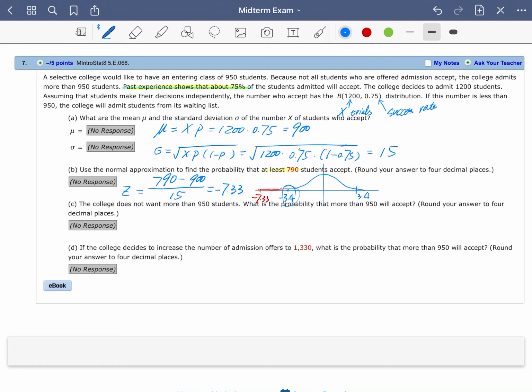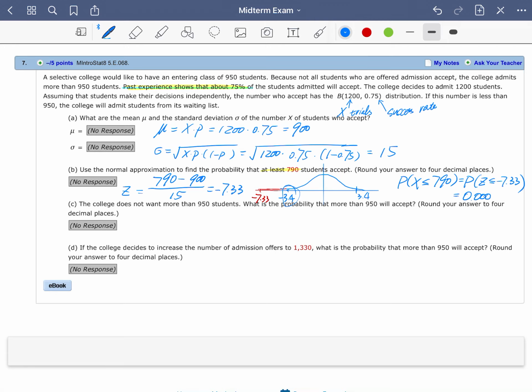So for that negative 7.33, you'll know for sure that the probability of z smaller than that, so the probability of the number of students less than or equal to 790, is the probability of finding a z-score less or equal to negative 7.33, which is 0.000. Almost never happen.